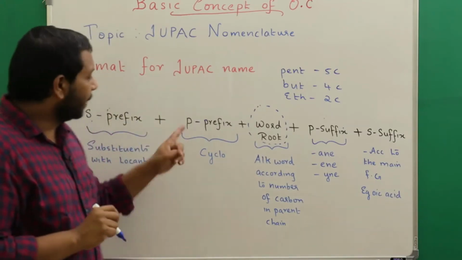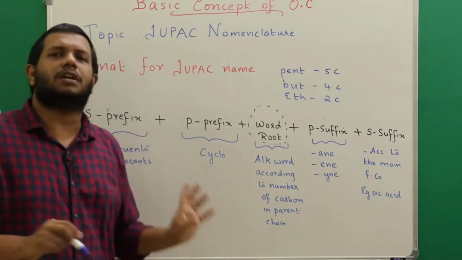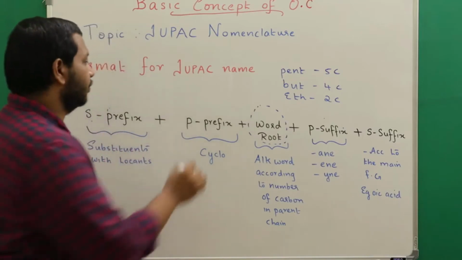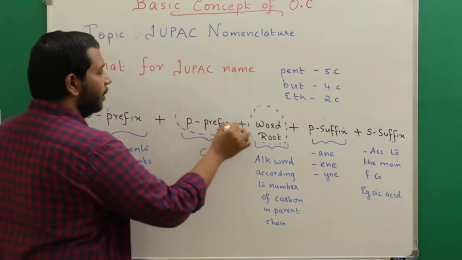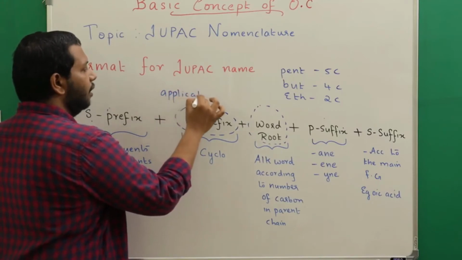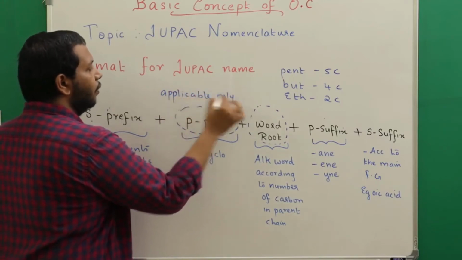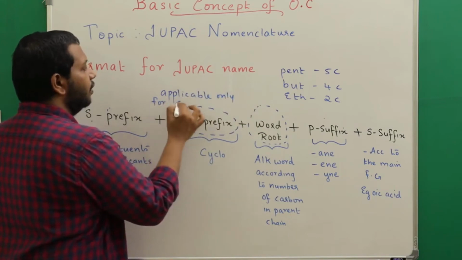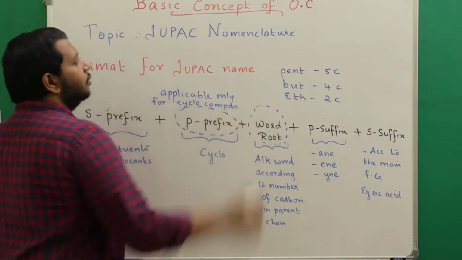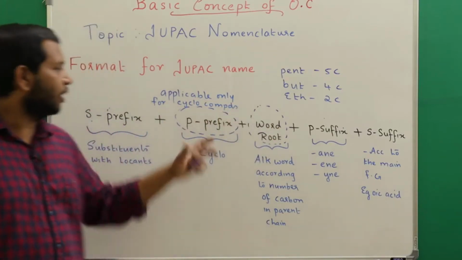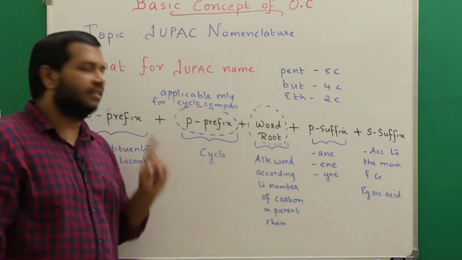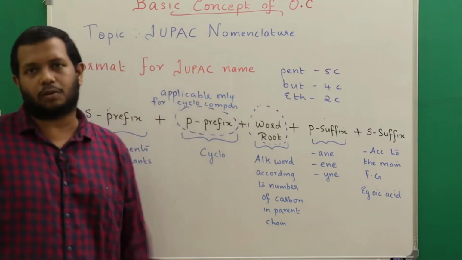And please remember, in the primary prefix there is only one term, that is cyclo, and this is applicable only for cyclo compounds. If it is a linear chain compound, the primary prefix will be absent.